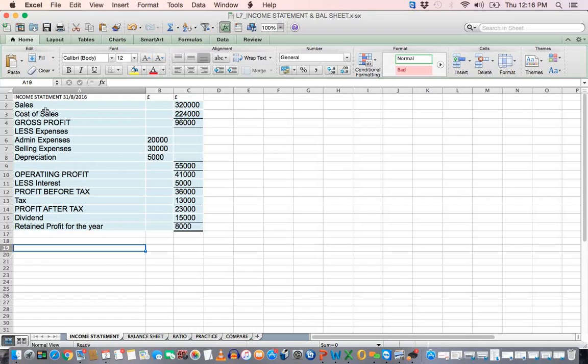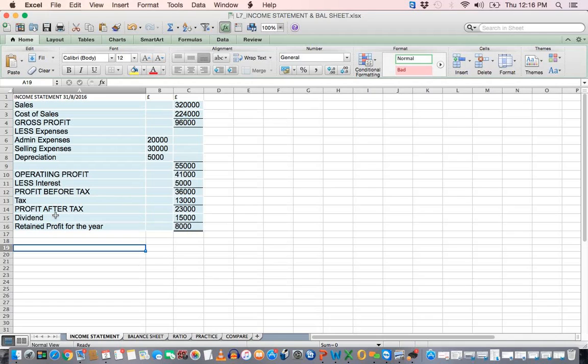In the income statement, the organization needs to produce periodically sales and cost of goods sold, and then we get the gross profit, and then we get operating profit. See, the different kinds of profit are here: gross profit, operating profit, sometimes called net profit. Then profit before tax.